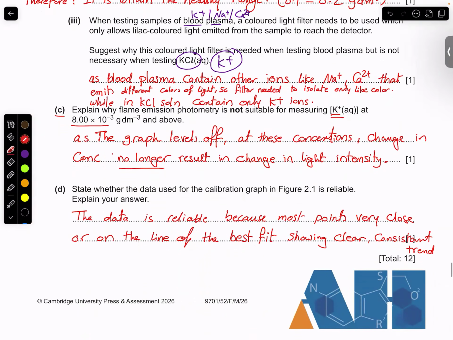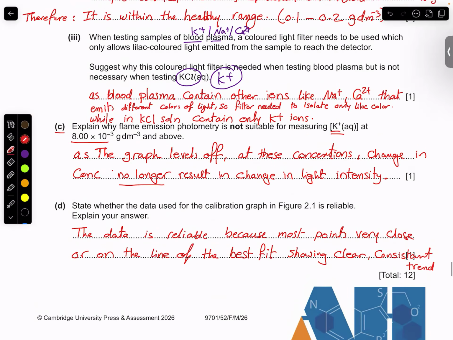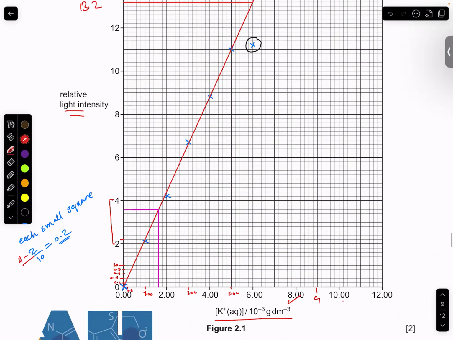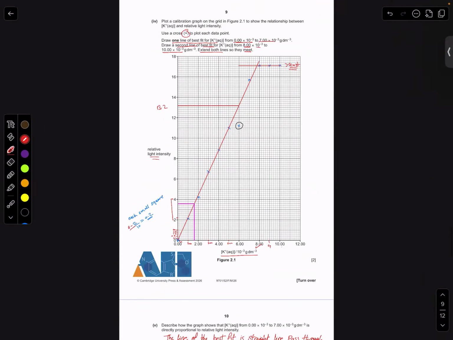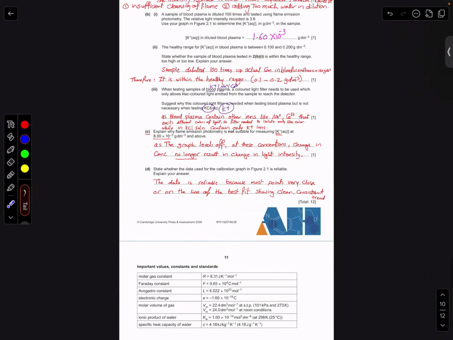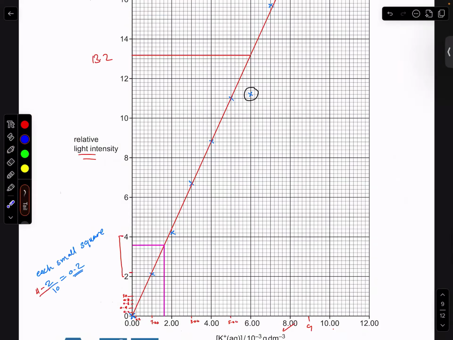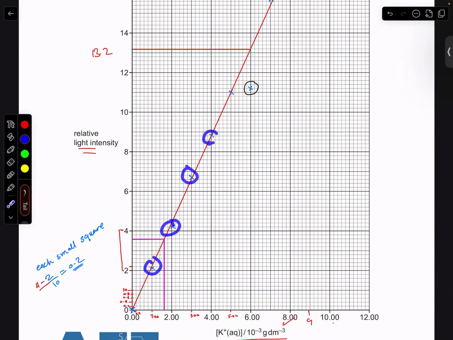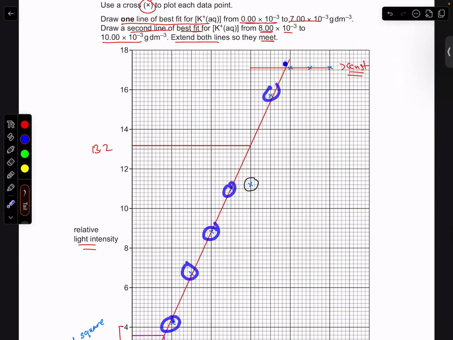D, state whether the data used in the calibration graph are reliable or not. If you look at most of the results, you will find that they lie almost on the same line, except only one reading.